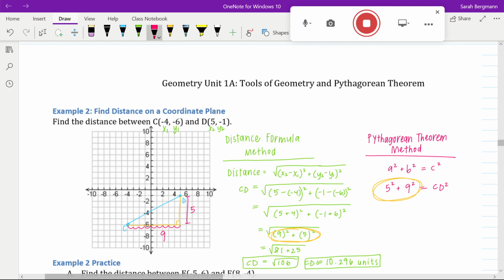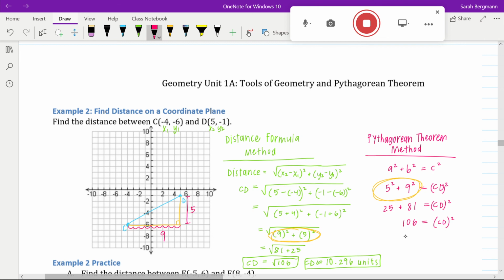We can simplify this. 5 squared is 25, 9 squared is 81, and that's equal to CD squared. I'm going to put that in parentheses. Alright, add together your like terms. You get 106 equals CD squared.